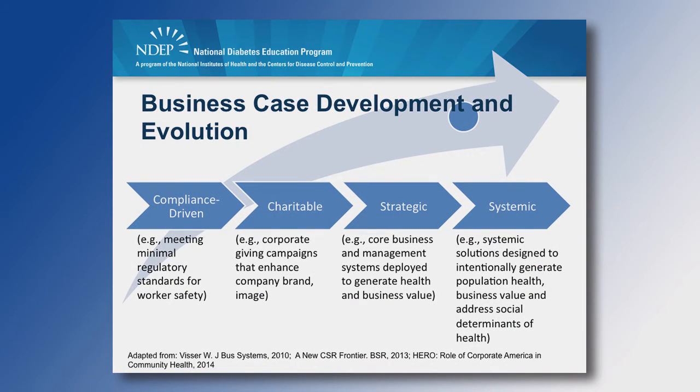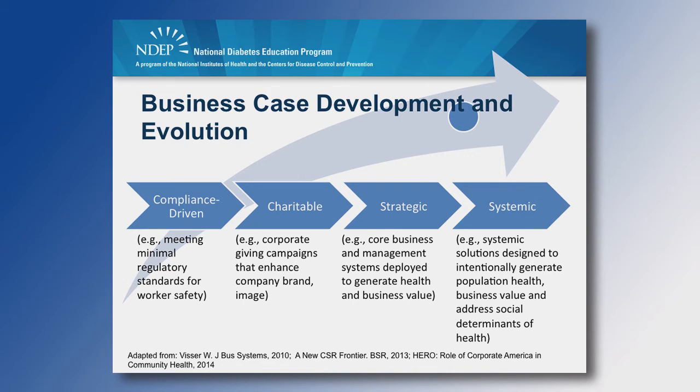And so, as I talked about earlier, as we think about population health and about expanding our holistic view, it's really creating an evolution for many of the stakeholders represented on this slide. And I thought that this next slide was a great example of an evolution for one of those stakeholders. This really is the business case development and evolution for employers and businesses engaging in community health.